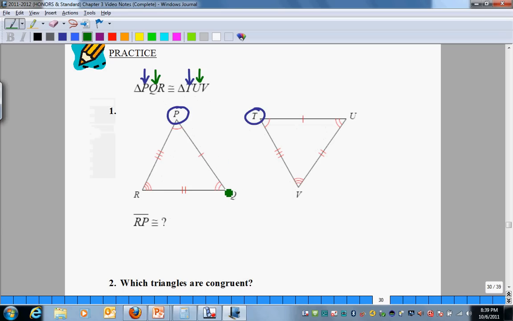So I have Q and U. The last is R and V. R and V go together.